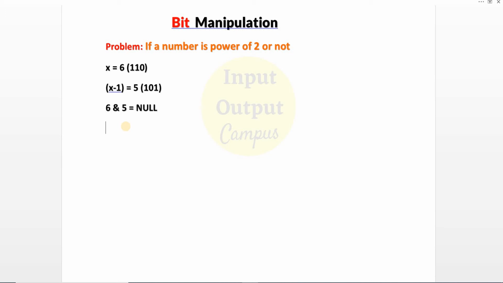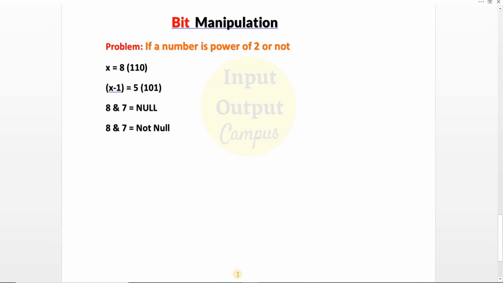And if the result is not null, then this is not a power of 2. So this is the main concept, and you can check this by giving other inputs. For example, for the number 8, here will be 8 and here will be 7. Similarly, 8 and 7. So this is the main concept.